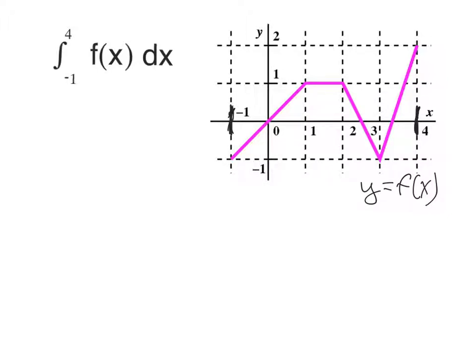From -1 to 0, we have negative function values. So the area we're dealing with there would be below the x-axis, which means that part would end up being what type of value? Okay, now it will represent a negative value.